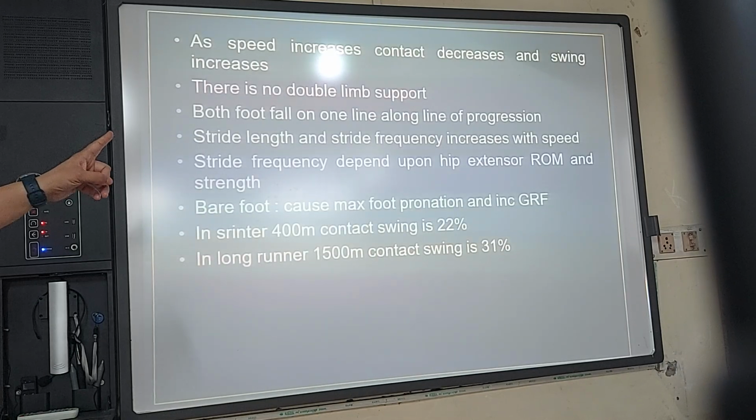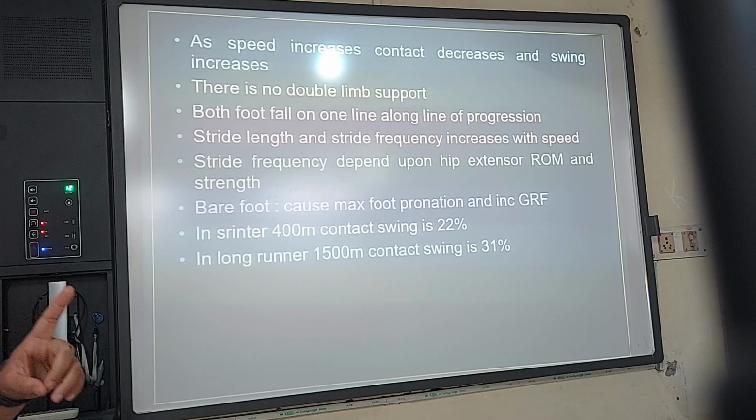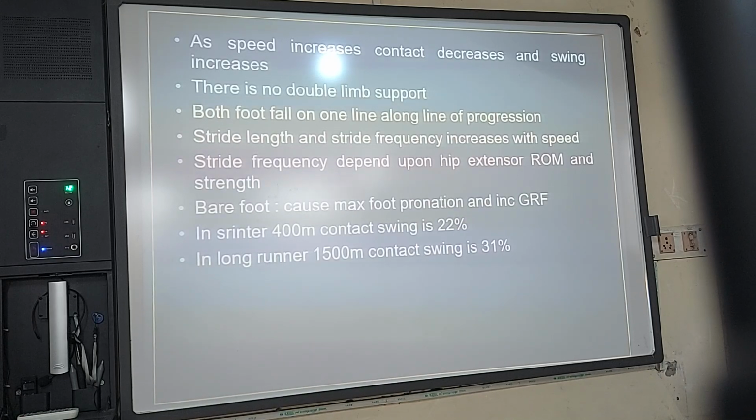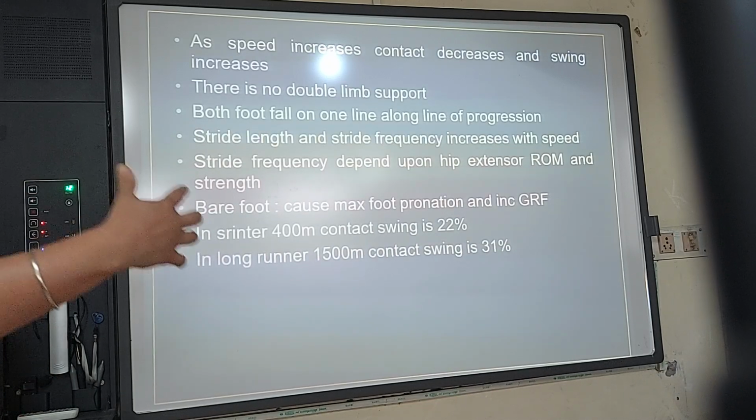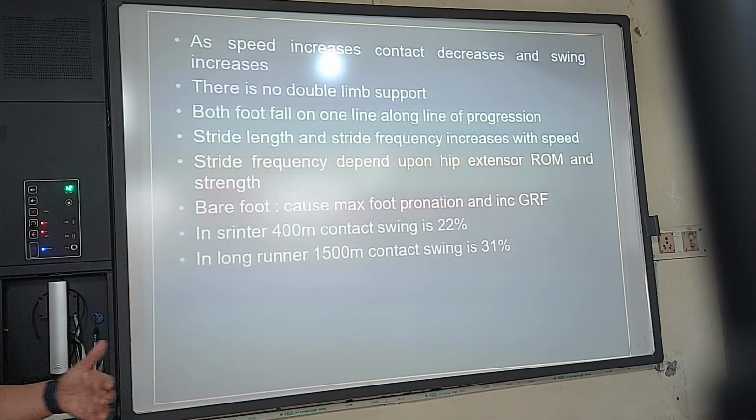Stride length and stride frequency increase with speed. What is stride length? Now when we have to run for a long time, we will not take small steps. We try to leap.